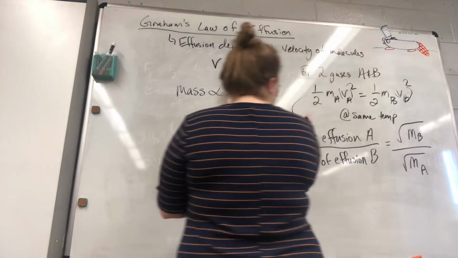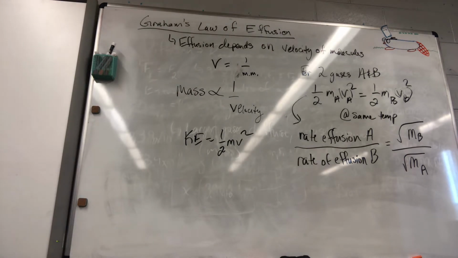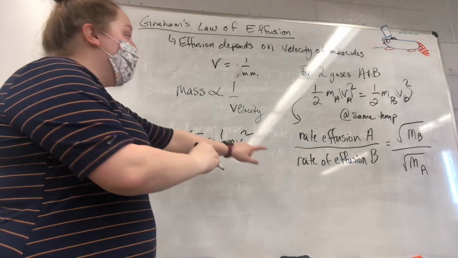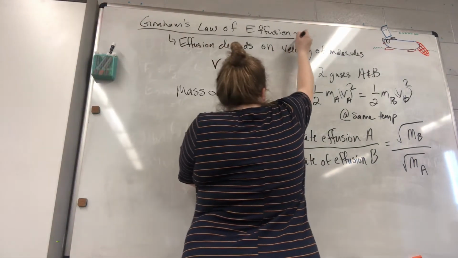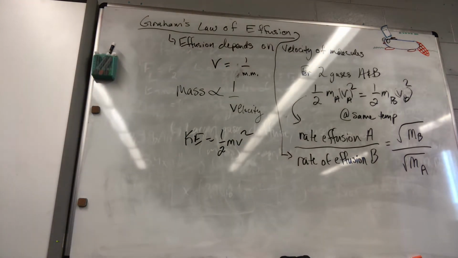This is a rearranged form of that kinetic energy relation. Okay? Where in this case, instead of saying velocity, we say rate. But it's the same idea. How quickly it moves through an opening over a period of time. Okay? This is Graham's law of diffusion. This rate of diffusion of one gas over another is equal to the square root of the molar mass of the gas over the molar mass of the gas. M in this case is molar mass.